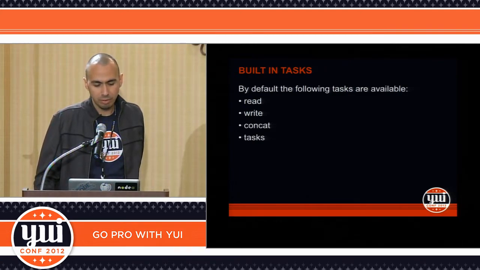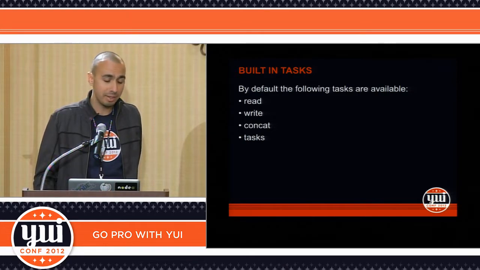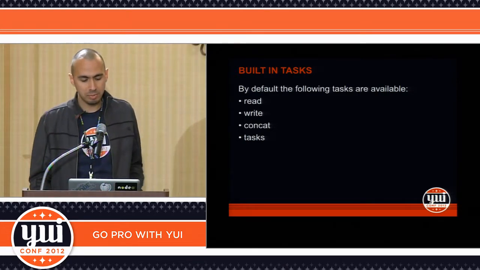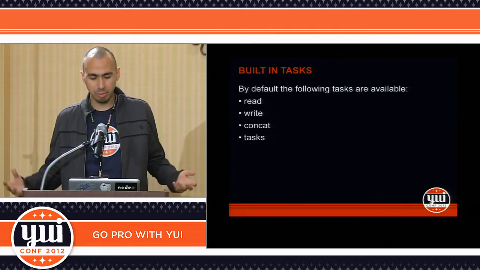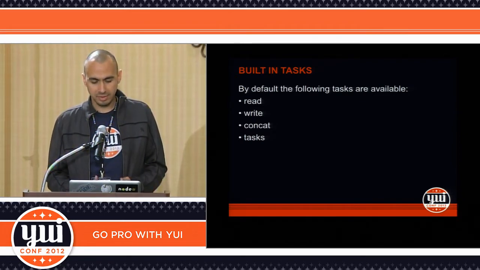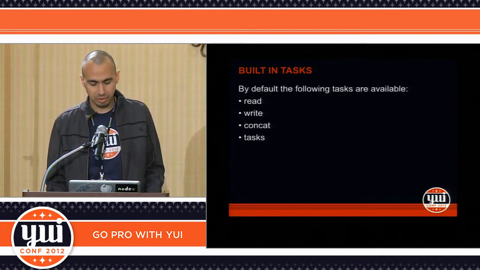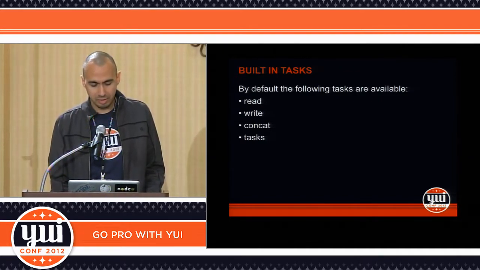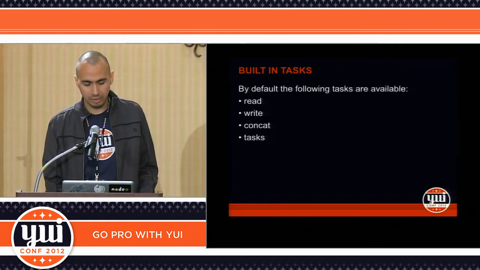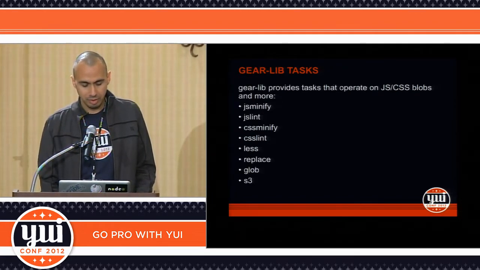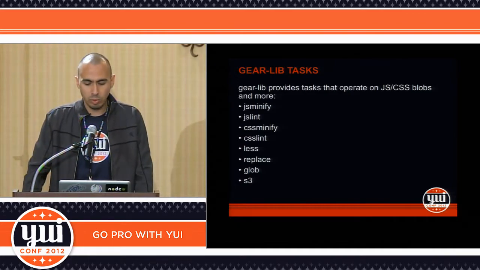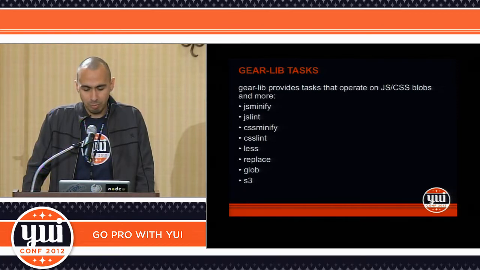And some of the default tasks for Gear are reading blobs, writing blobs, concatenating blobs, meaning let's take multiple files and put them as one, and then the tasks task, which I will get to later, which supports asynchronous parallel task running. And then GearLib. GearLib is where you'll find all the JavaScript and CSS modification support for task running.